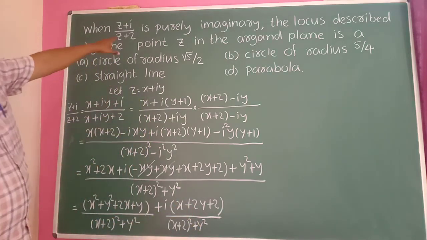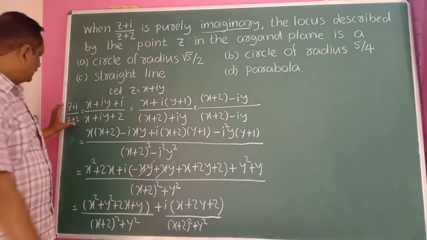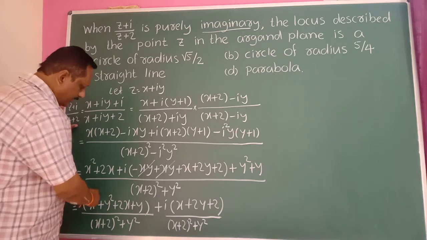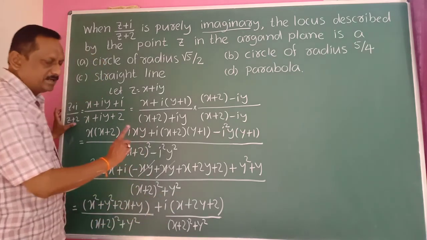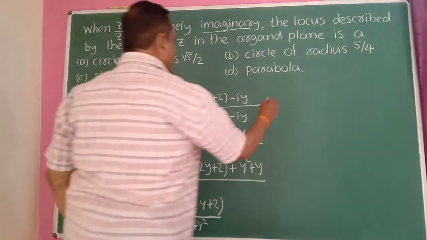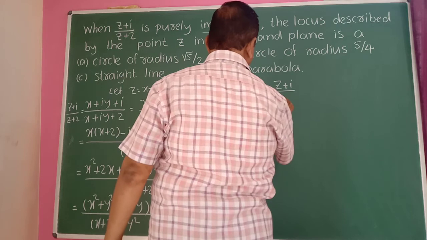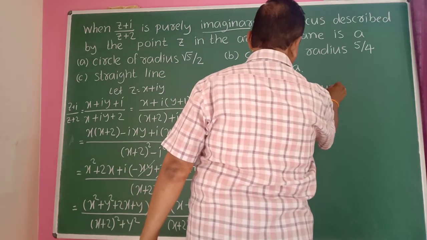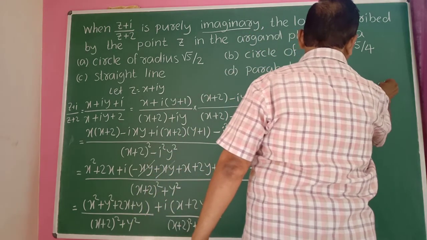And it is already given that this is purely imaginary. Purely imaginary means when the real part is 0, then it is purely imaginary. Therefore, (z plus i) divided by (z plus 2) is purely imaginary.